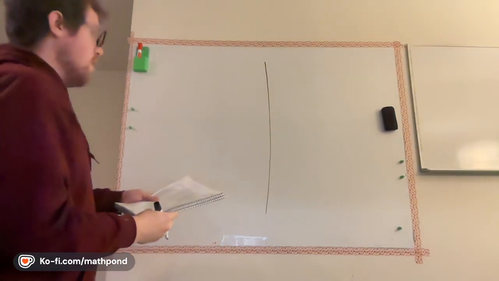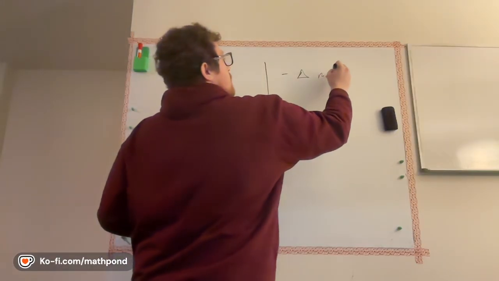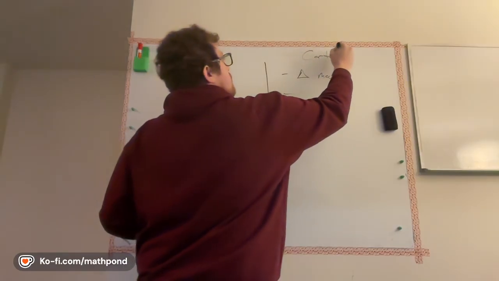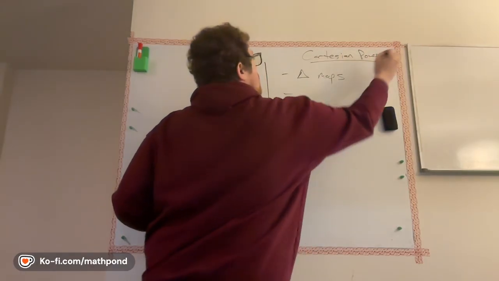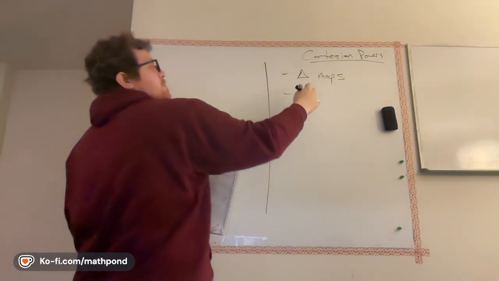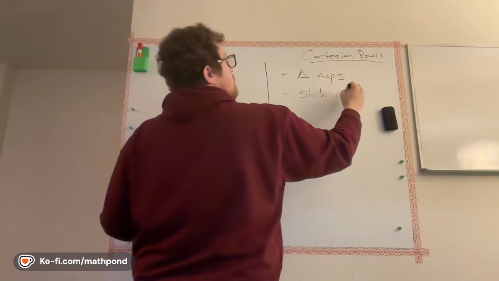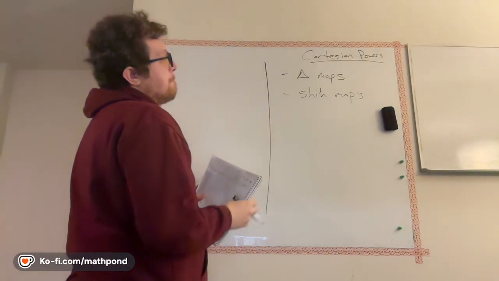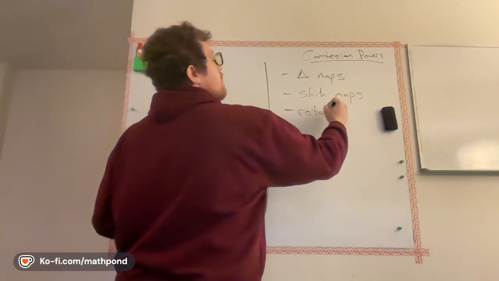So we have delta maps. On this side, this is Cartesian powers. So delta maps, there's Xi maps. We could also throw in some rotations here if we want.